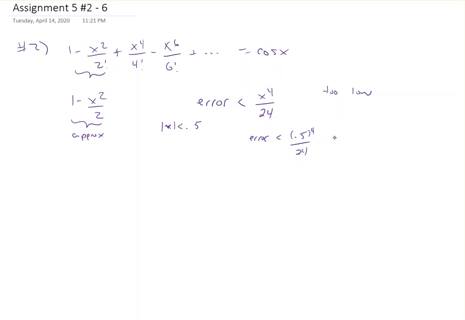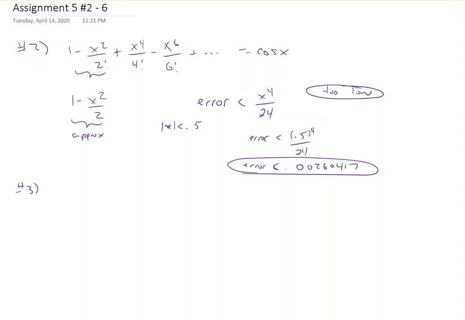So that means the error is going to be less than 0.00260417 according to my calculator, and I may have made an error. So that's what I think. Your error is going to be less than that amount, and we're going to be too low.